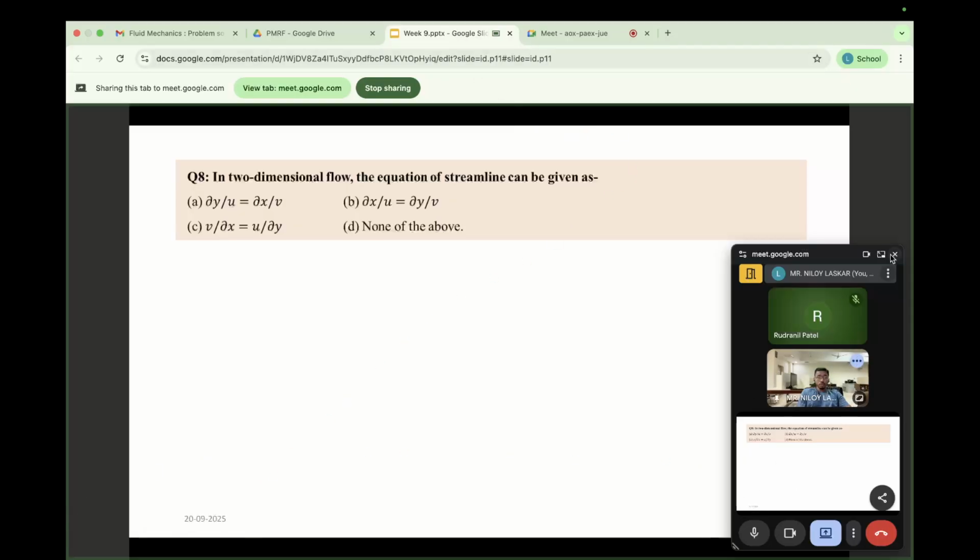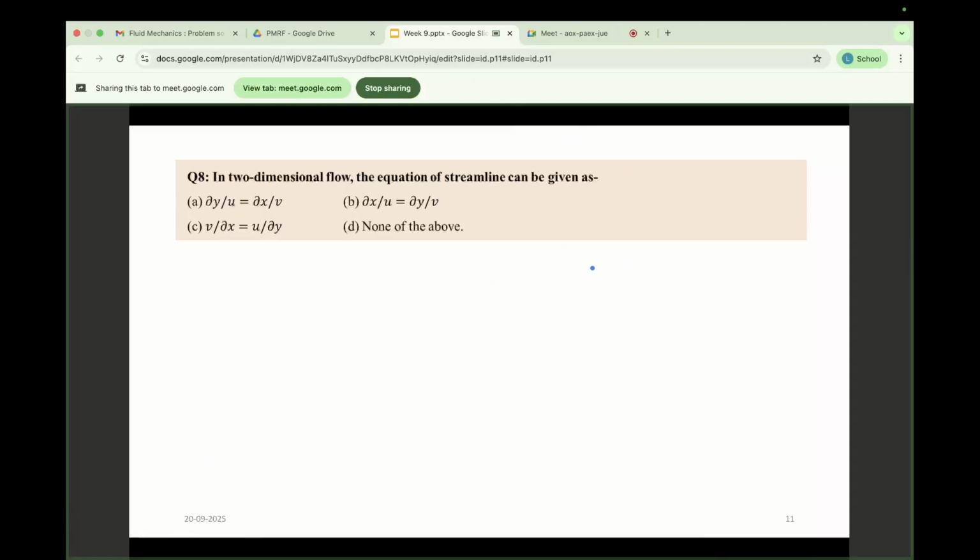Okay. So in this question, it's a two-dimensional flow. The equation of the streamline is what? So these are the options. So I am giving you 1 to 2 minutes to solve this one also.